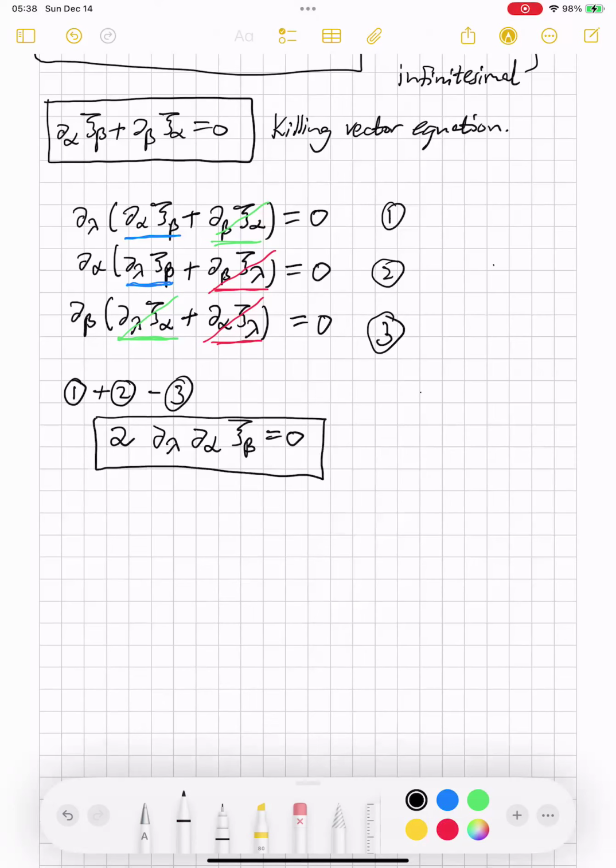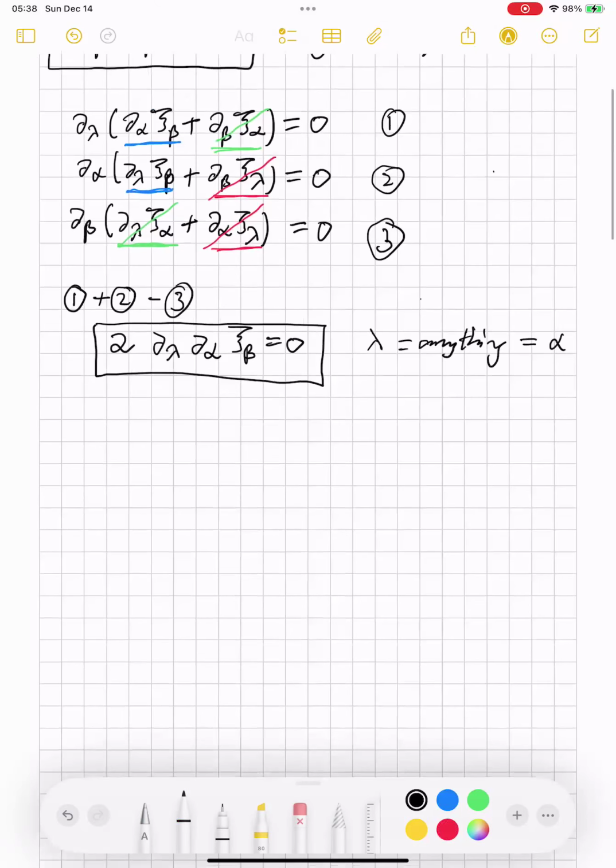So this is the equation that we've got now. Why is this a nice equation? Notice that λ is anything, and α is also anything. Remember that λ stands for a ∂/∂x^λ, and the α term is for a ∂/∂x^α.